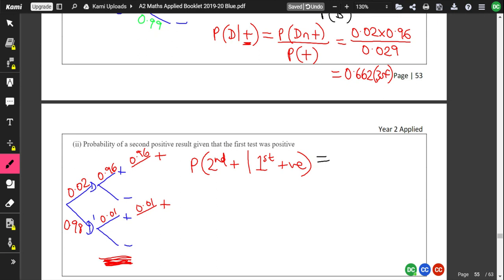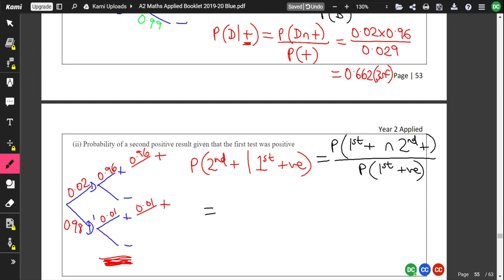So this is the probability of both things happening at the same time. It's the probability that the first positive and the second one also positive over the probability of what was given to us, and that's the probability that the first one was positive. Once again, our denominator is the answer to part A.